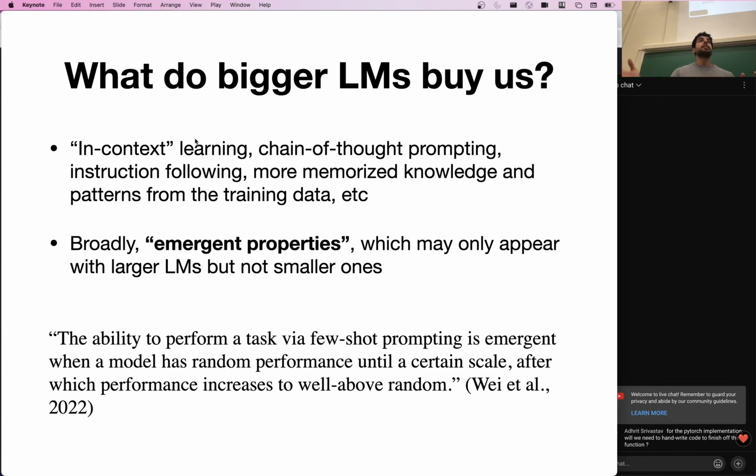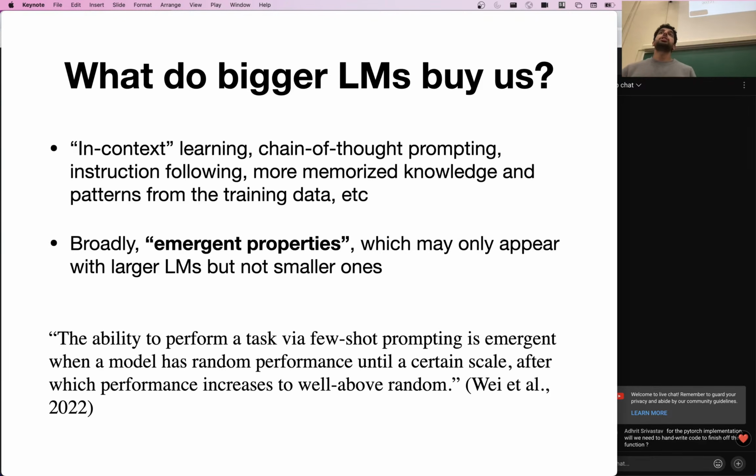So in-context learning, when we had that class on prompt engineering, we talked about few-shot learning, a model being able to perform a task from a small number of demonstrations, even if the task doesn't appear in its pre-training data set. We saw things like chain of thought prompting that also can arise in pre-trained models just as a function of scale. And also the ability for these models to be fine-tuned for instruction following.